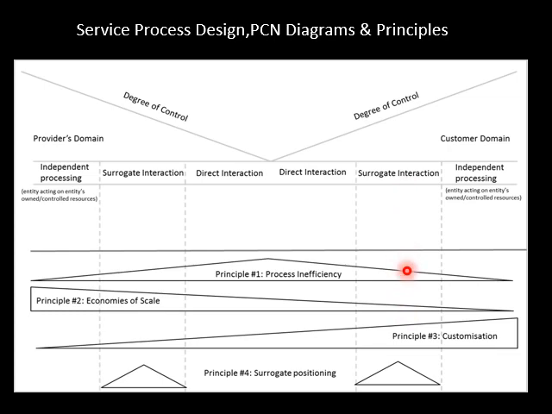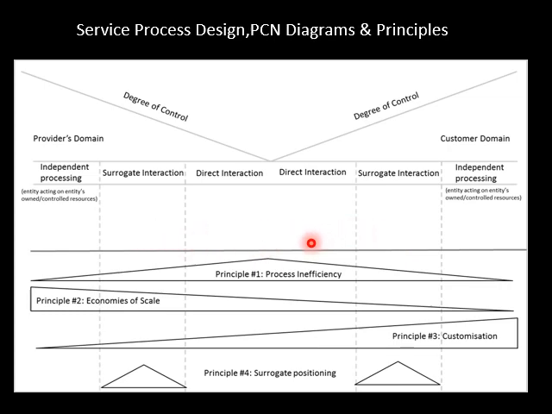And these two positions are interestingly compromises between the economies of scale and customization. And then the direct interaction is the most inefficient for the provider. So the maximum amount of resources or inputs has to be made for the output. And consequently, most organizations will not like inefficiency, and consequently, that's why a lot of process positioning choice has moved to here or to here.